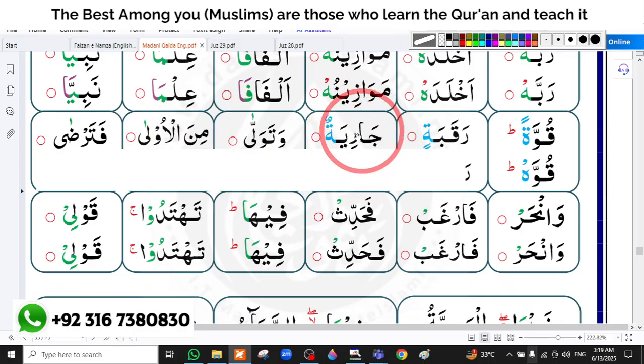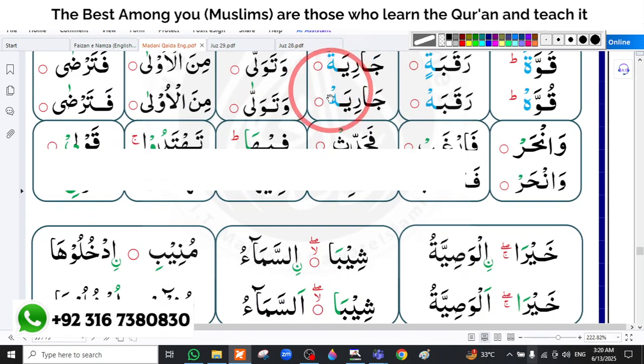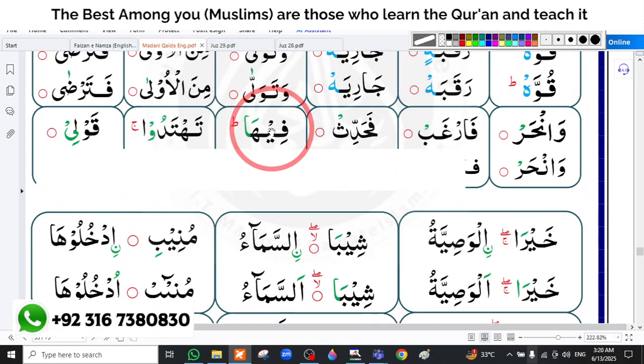Pause, pause. جارية MashaAllah. So what did you do at the end? You changed the circular ta into the ha sakin. ها MashaAllah. Okay, what happened to the letters of madda when you pause?